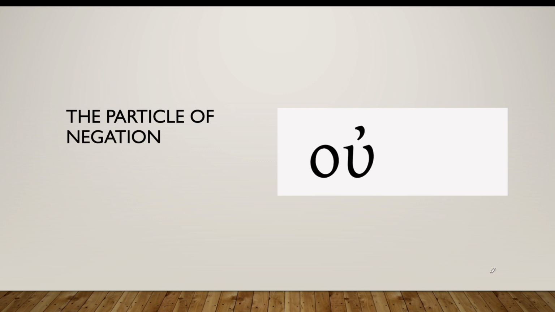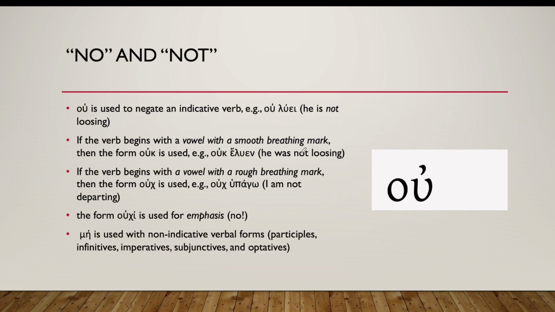Next, I want to talk about the negative particle ou, the word for not. How does it function within the Greek? Ou is a little particle that's used to negate an indicative verb. So what you will see is the ou will go in front of a verb.